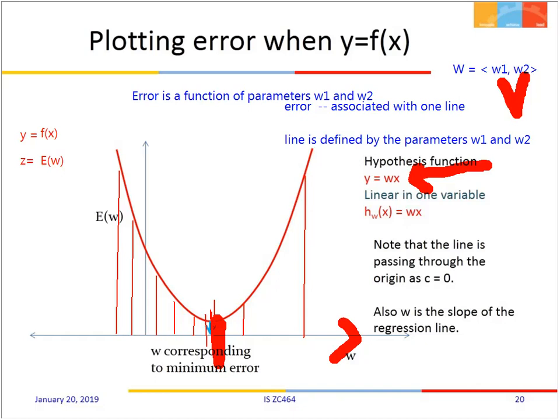The parameter W, which is the slope that defines the line, and the error. Had these been two parameters, slope and intercept, then you would have had to visualize a two-dimensional plane of W1, W2 and a surface over it, right? So we will be having those things a little later.